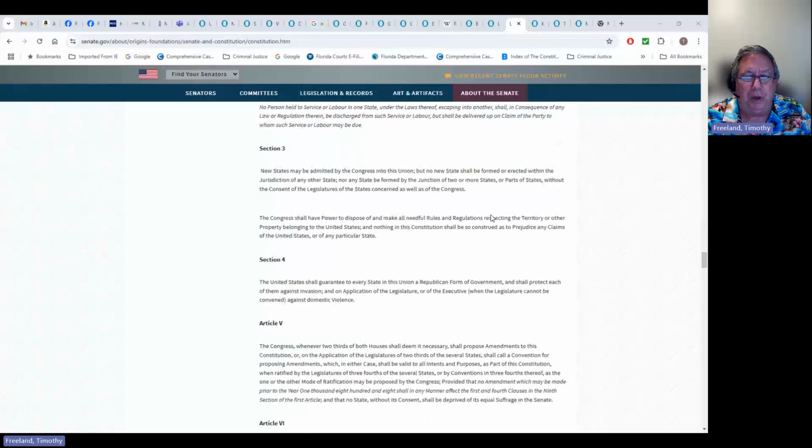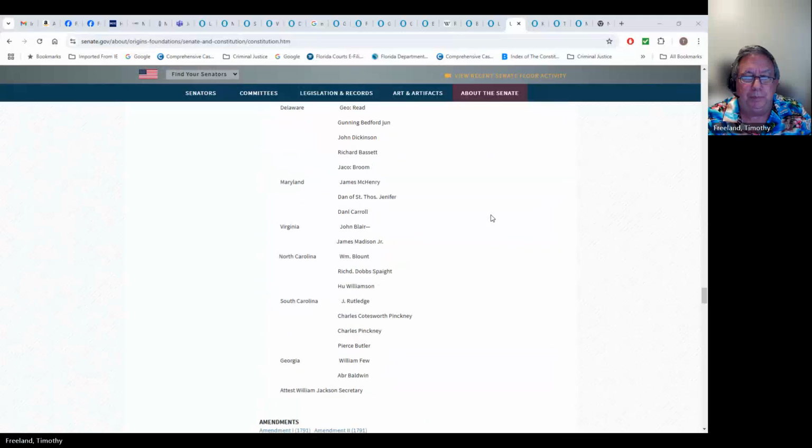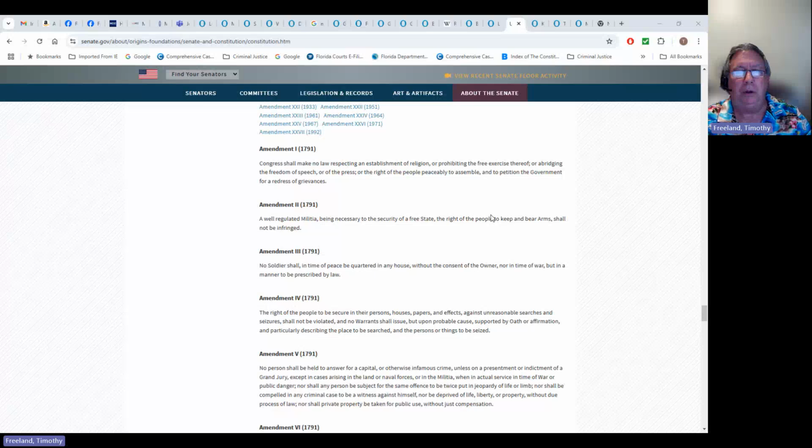Scroll down here to the First Amendment. Here we are. Now, very interesting language here. Amendment 1 contains a bunch of rights, all in that one amendment, and they are not necessarily related.